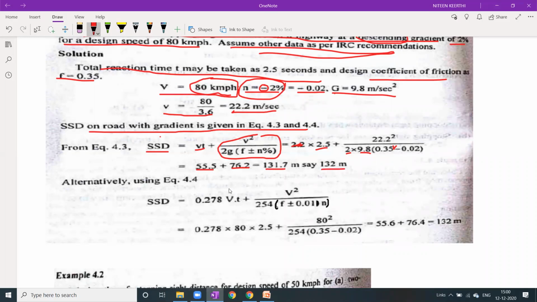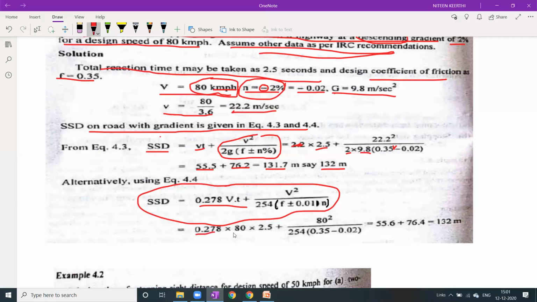An alternative way: he has given the design speed directly in kmph, so you can directly use this formula, 0.278 capital V into T plus capital V squared divided by 254 into (f plus or minus n).